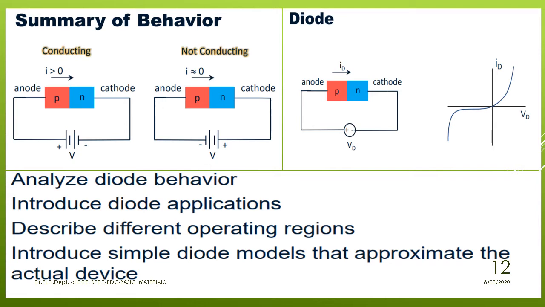Based on the type of semiconductor material, the cut-in voltage varies. In the case of silicon, the cut-in voltage lies between 0.4 to 0.7 volts, and the cut-in voltage of germanium is 0.1 to 0.3. So the cut-in voltage of germanium is lesser compared to silicon.